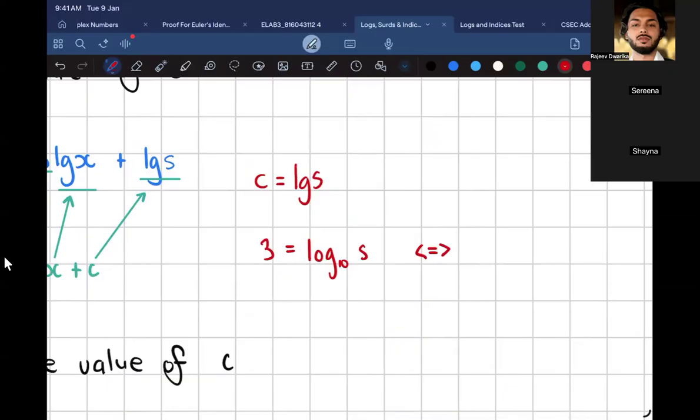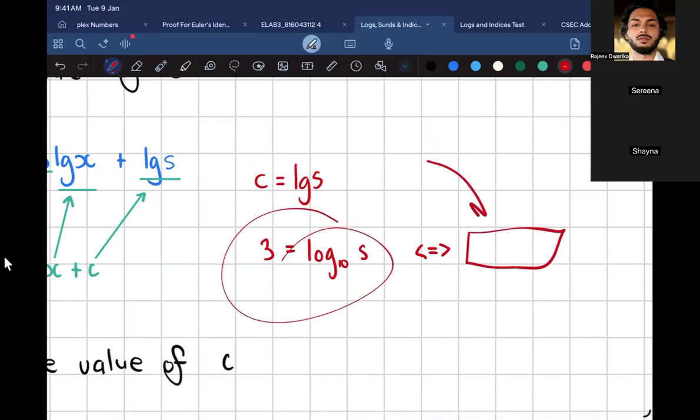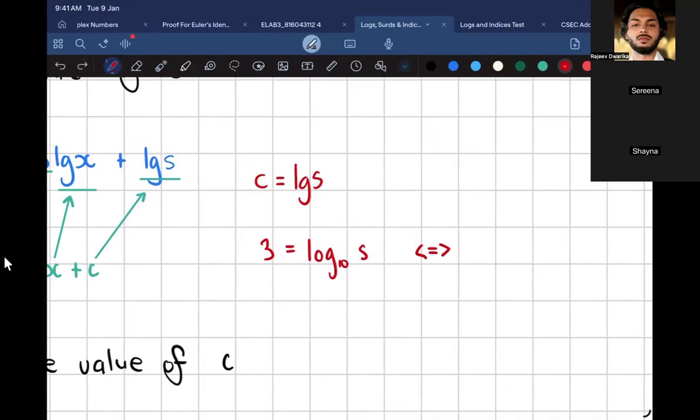And in the log form, it's log base argument equals the power. So how would I write this in indice form? 10 to the power 3 equals S. And what's 10 to the power 3? 1,000. That's the answer.